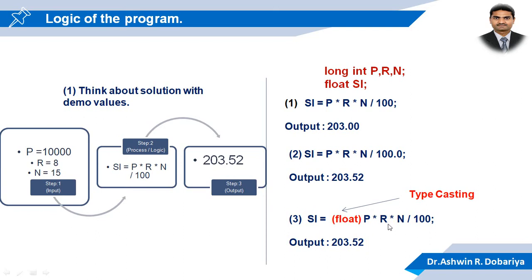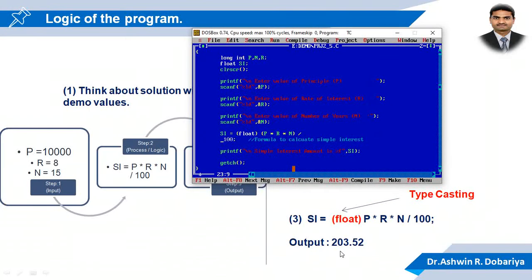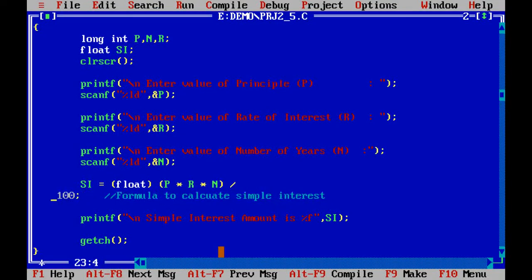So now see here, P is first converted into float, and after that if one operand is float, then ultimately it will generate the float value and store it into SI. So these things happen in the program. Now let's discuss in Turbo C, right?